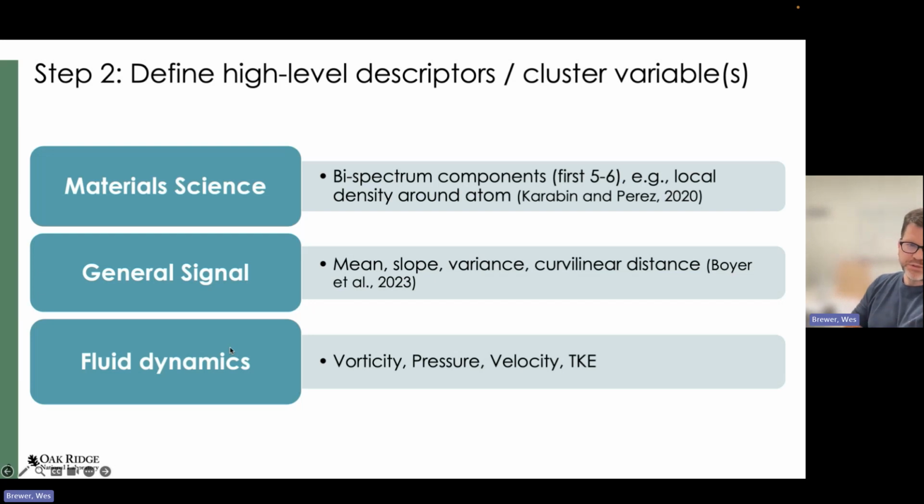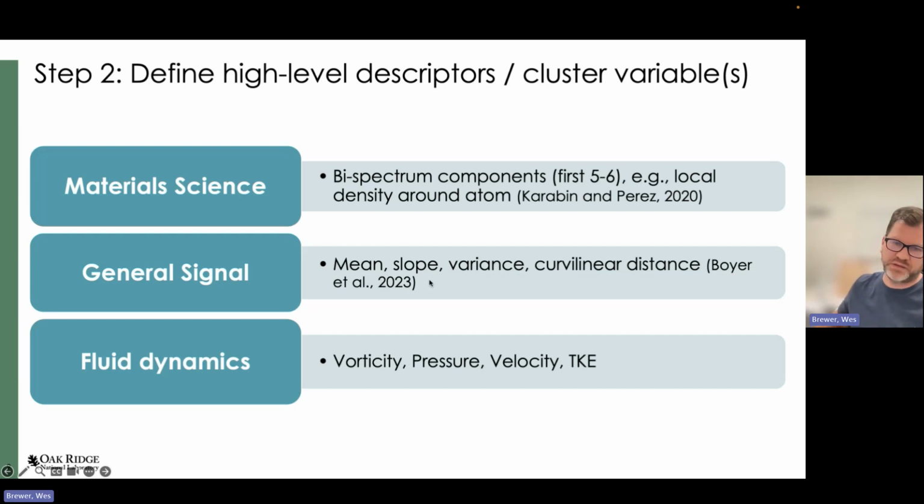Then step two is defining some high-level descriptors or cluster variables. For Carabin and Perez's paper, they focused on applying this method to material science, so their high-level descriptors were bispectrum components, for example, local density around an atom. Matthew Boyer and I and a few others applied this method towards flight test data.